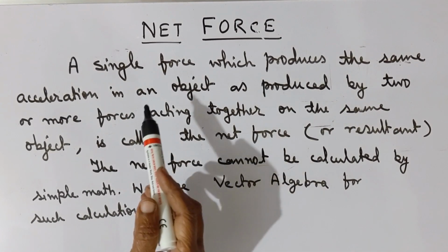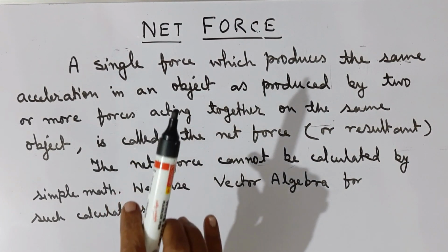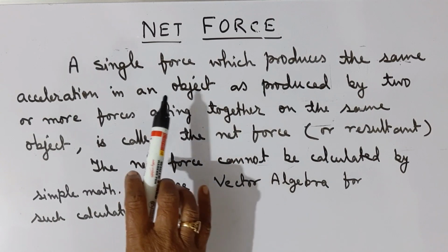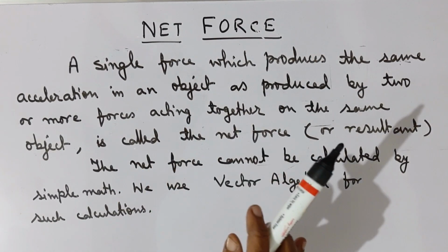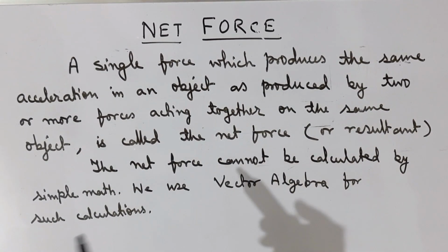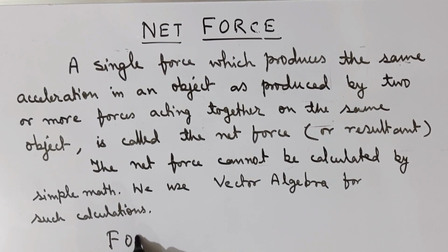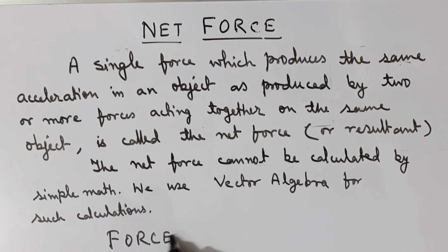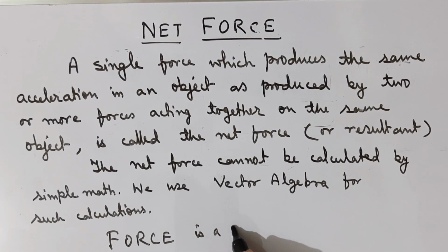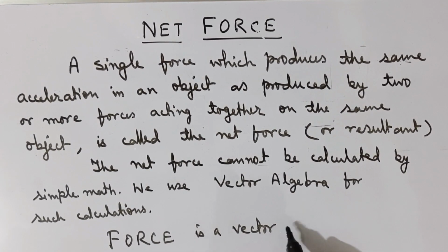So now we know about the balanced forces, the unbalanced forces, and also about the net force. So as we have seen, a force has magnitude and direction. Therefore, it is a vector quantity. A force is a vector quantity.